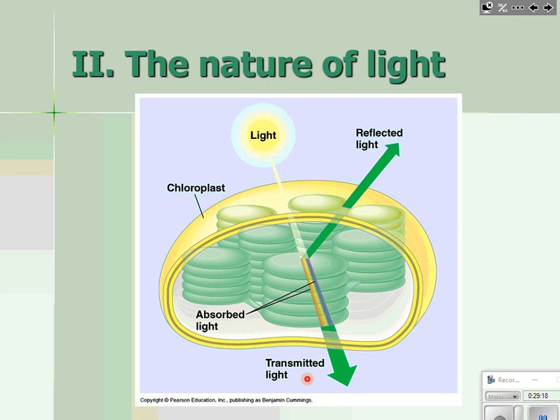That's called transmitted light. So green light is not absorbed by chlorophyll. Chlorophyll A is the most common form of chlorophyll. It's the green pigment. And when all the colors of light strike the chlorophyll, the color that is least absorbed is the green light, and the other colors are absorbed.